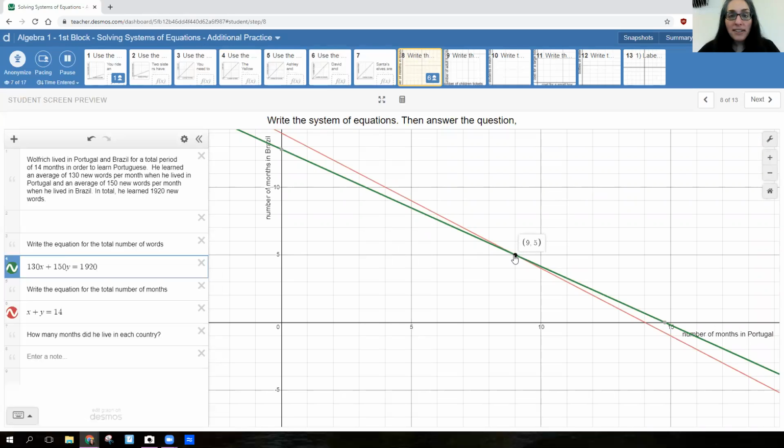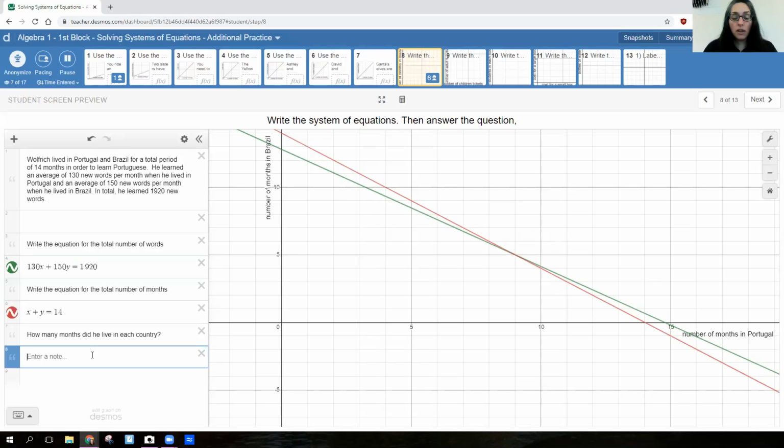So how many months did he live in each country? Well, if your answer is (9, 5), remember what each coordinate went with. And it tells you on the X and Y axis too. X is the number of months in Portugal, so 9 months in Portugal. The Y axis is the number of months in Brazil, so 5 months in Brazil.